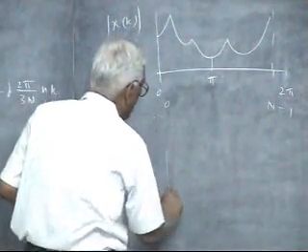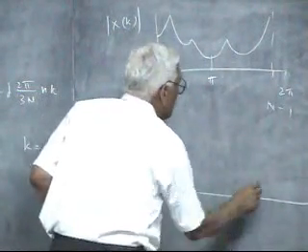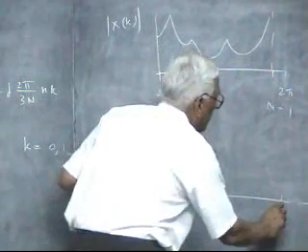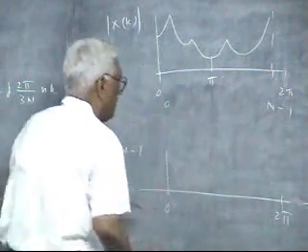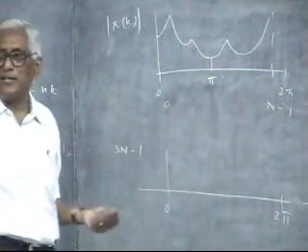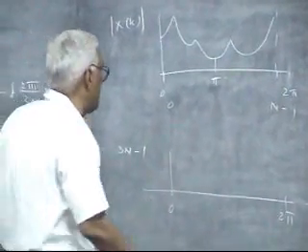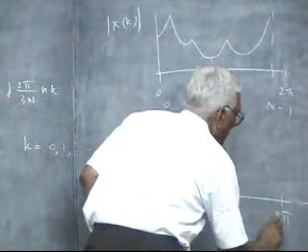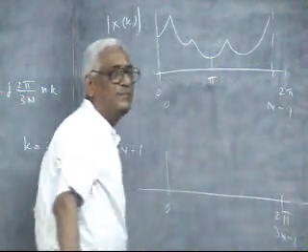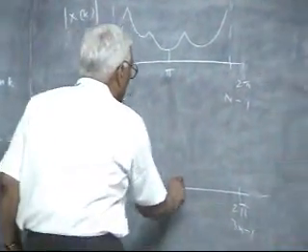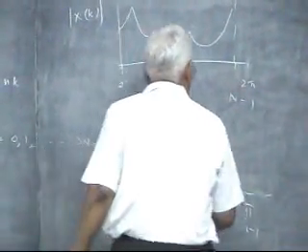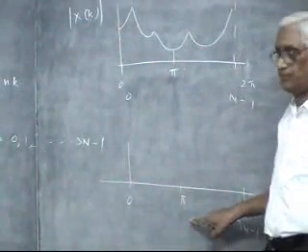Now, with the same 2 pi, you notice the actual axis is not changed, but the number of points has changed to 3n, so it will be 3n minus 1, and of course there will be some pi corresponding to 3n by 2.